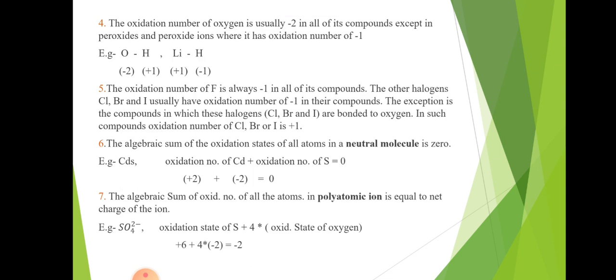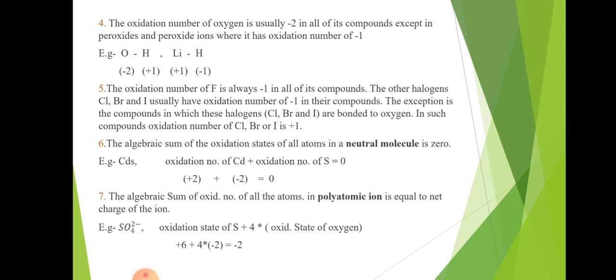Fourth rule: the oxidation number of oxygen is usually -2 in all of its compounds, except in peroxides and peroxide ions, where it has an oxidation number of -1.